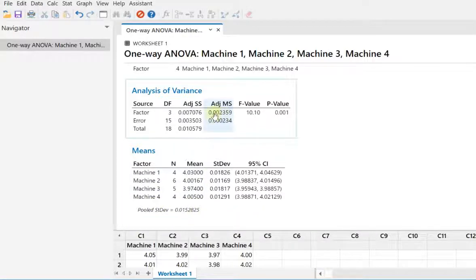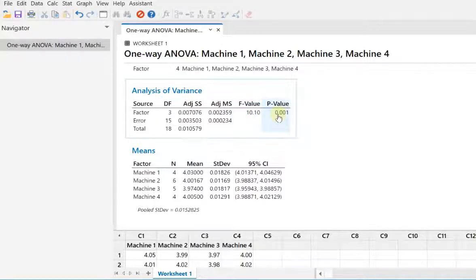The ratio of 0.02359, remember the logic was to take the ratio of variability between to variability within, and that's what that is. 0.02359 divided by this number gives you an F statistic, 10.10. And the probability of an F greater than that, this is a probability distribution, the probability of an F score greater than that is going to be 0.01.